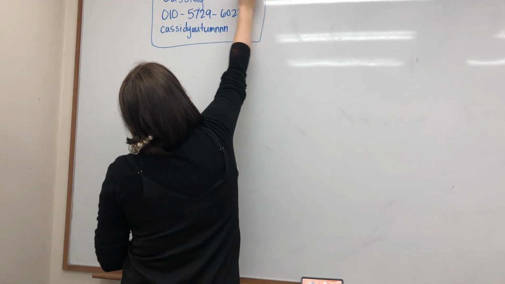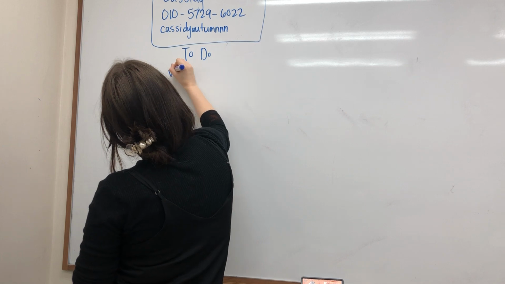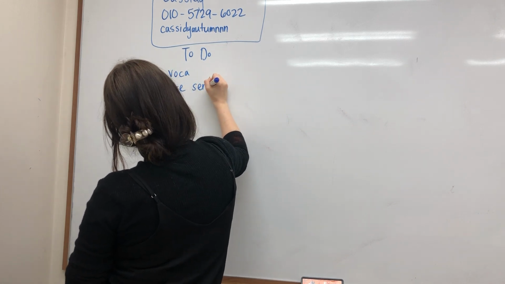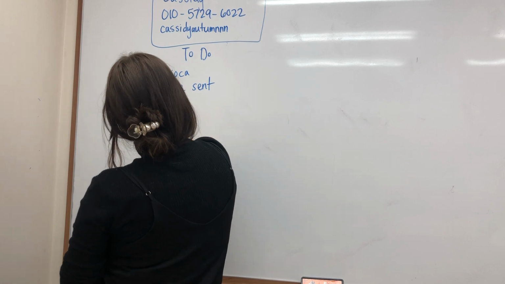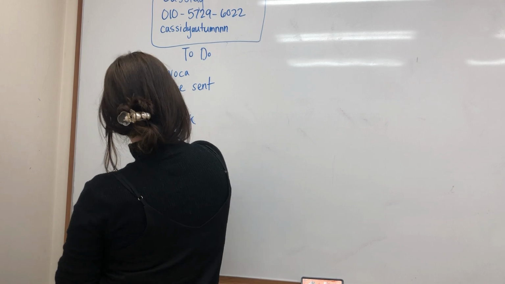There we go. And then what we're going to do today is the vocab, core sentences, and then LC. And then we're going to have our break. And then we're going to talk about independent speaking.